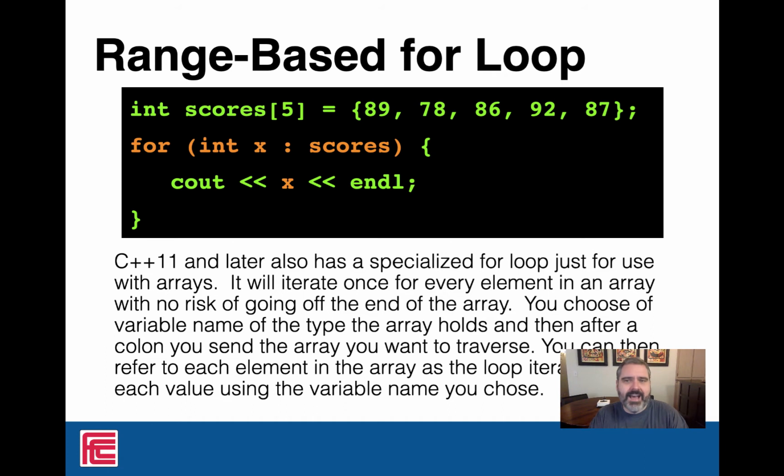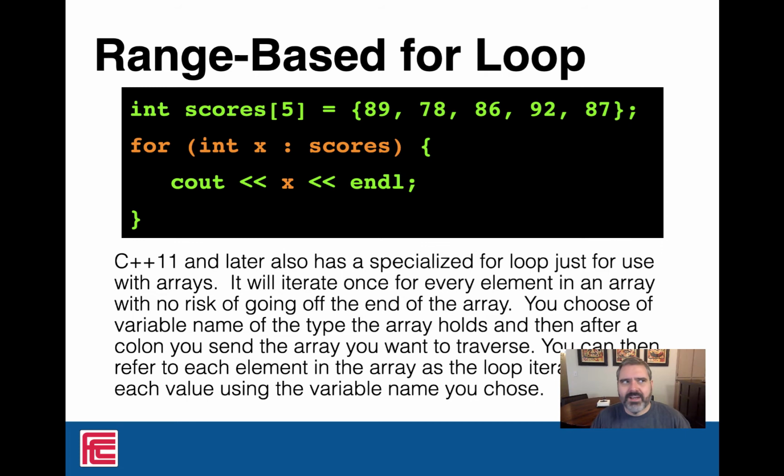What this is doing is going through the array, traversing it, copying each value and assigning that value to x. So then you can use that for whatever you're calculating in your loop. Here I'm just printing stuff out to the screen, but I could be adding up all the different values to find the average. I could be doing anything, but remember, I'm copying the value from the array.